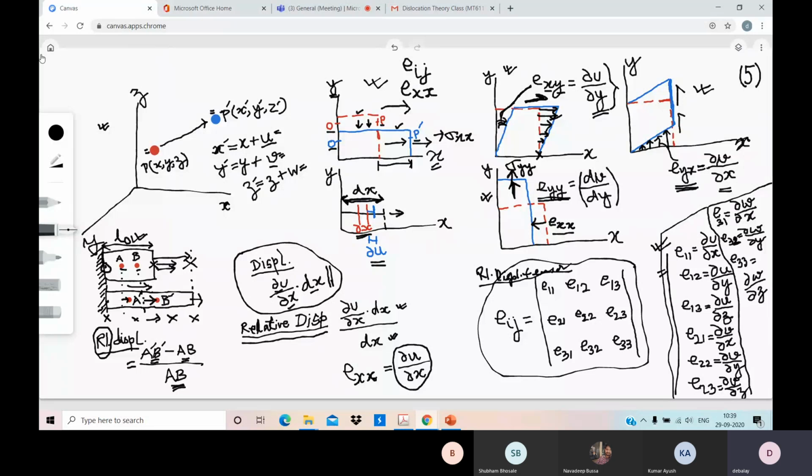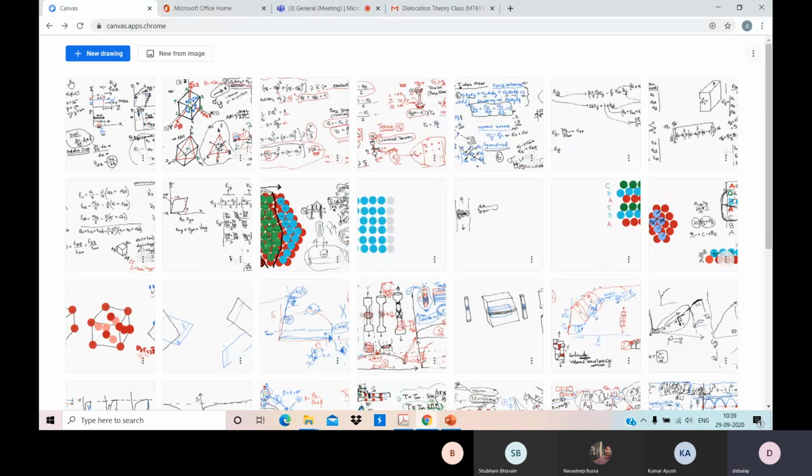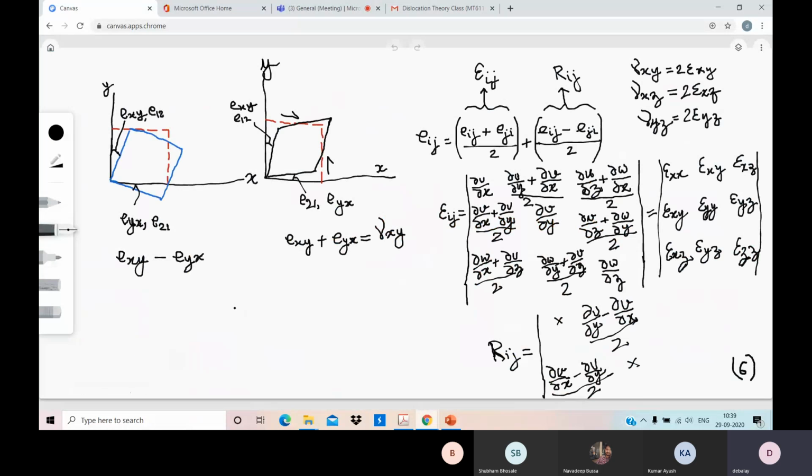Now in the next canvas screen, you will understand why so far I am a bit hesitant to use the word strain, and whatever I am saying is relative displacement tensor. Because how will you represent this condition, what I am arrowing? How will you represent it?